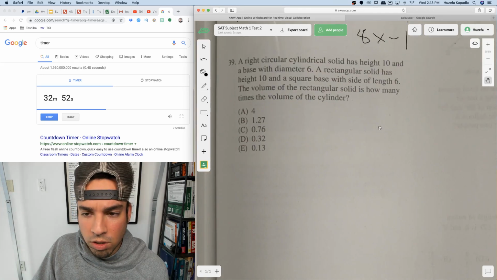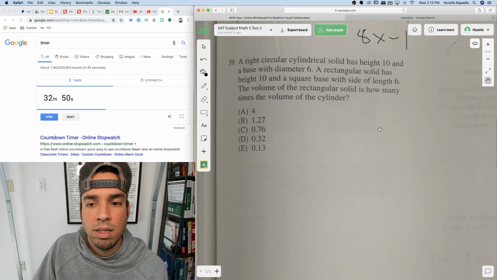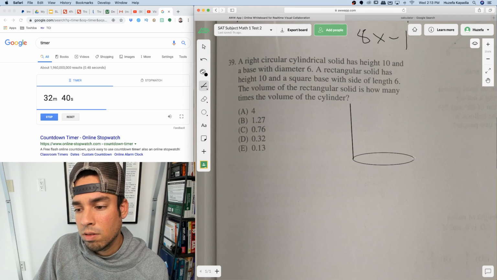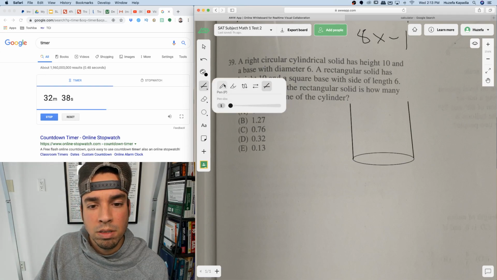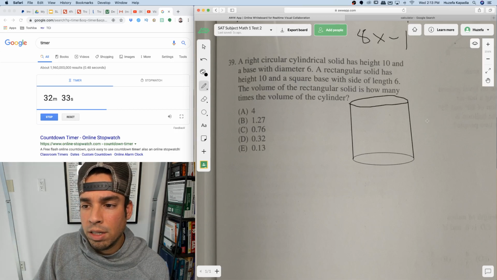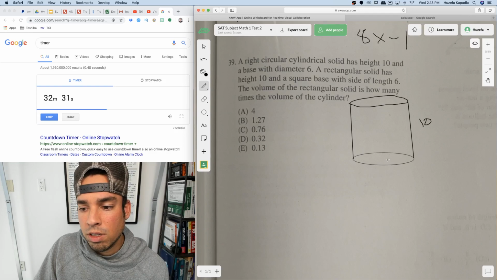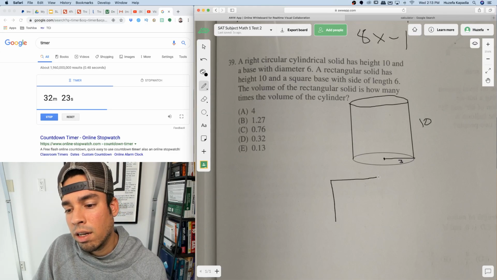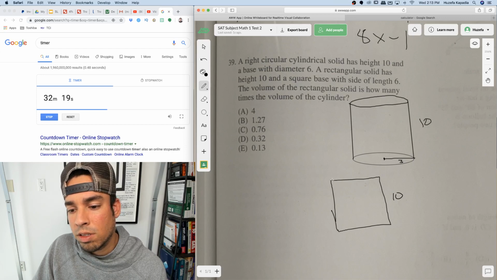39. A right circular cylindrical solid has a height of 10 and a base diameter of... Okay, it's my best cylinder that I'm going to do. Whatever. It has a height of 10 and a diameter of 6, which means a radius of 3. Just put the radius in. A rectangular solid has a height of 10 also, and a square base of 6.